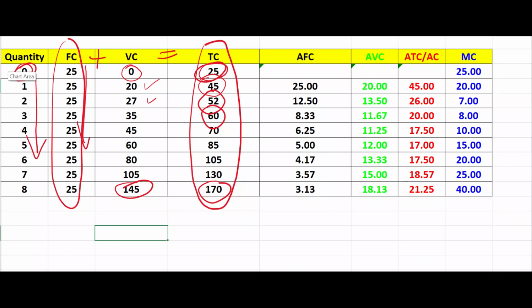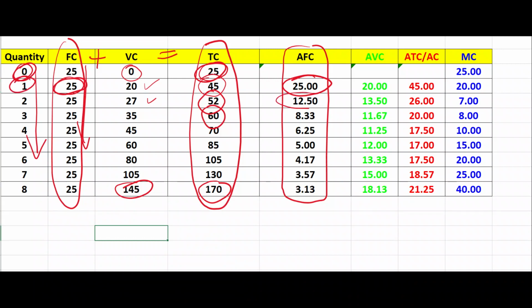The next columns then that you could be asked, you may not be asked all of these in an exam question, but this is as much as you can be asked. So we've got average fixed costs here, and this is just the fixed cost divided by the number of units of output. For example, the first one there is €25, which is €25 divided by 1.